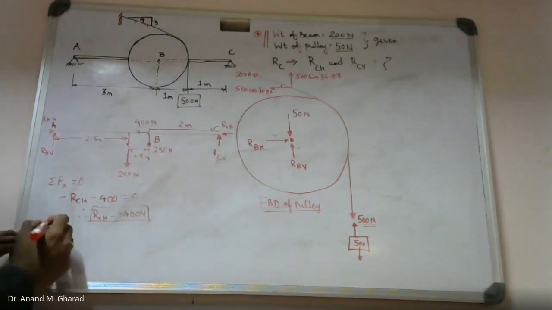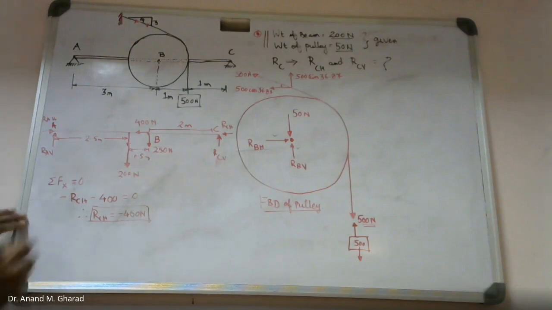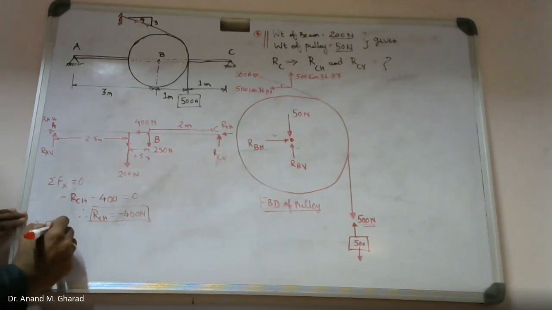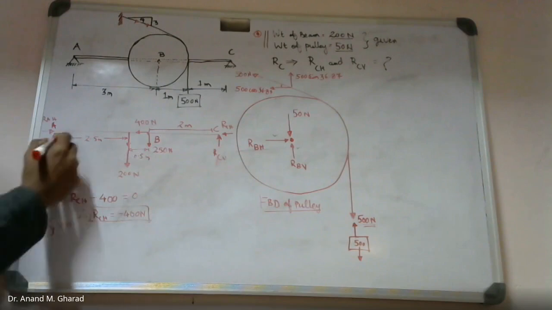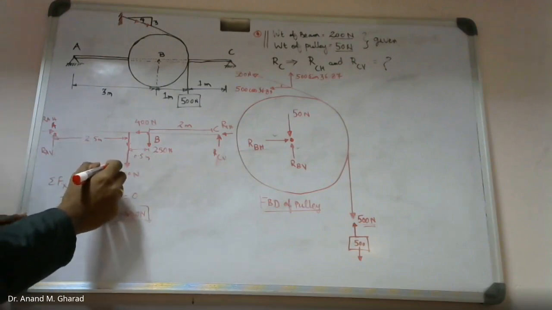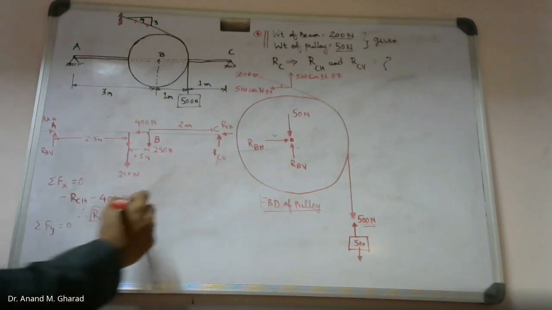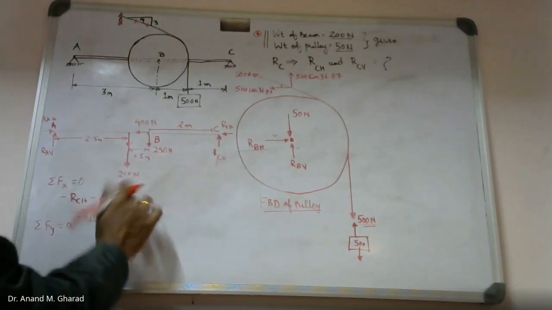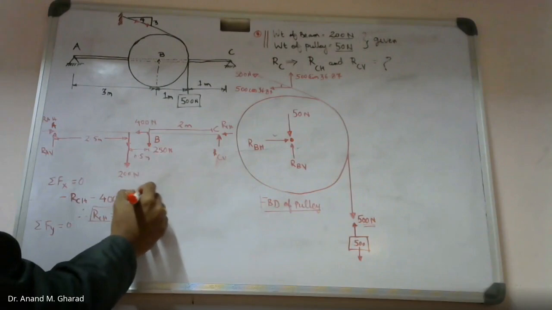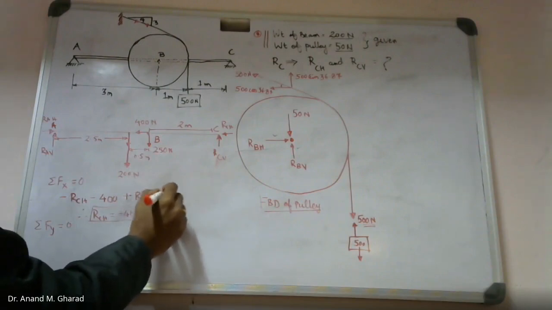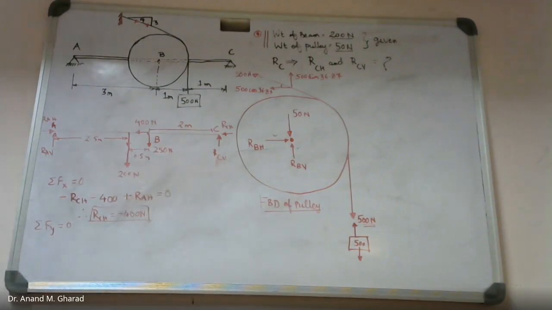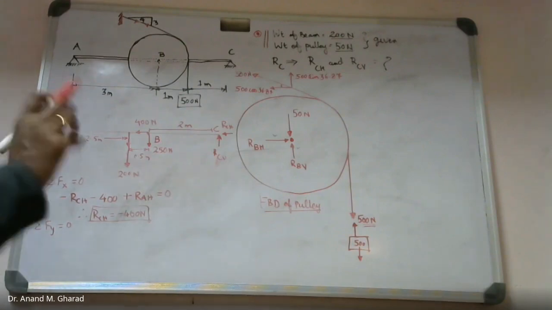Okay. Then summation of forces in Y direction equal to 0. How many forces do you observe? Oh, 1 minute. There is also one term of RAH equal to 0. 1 minute. Sorry, my mistake.